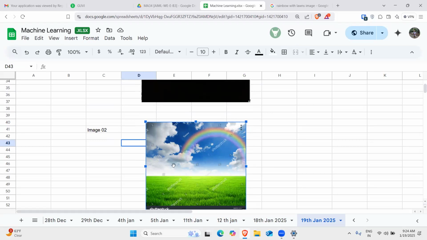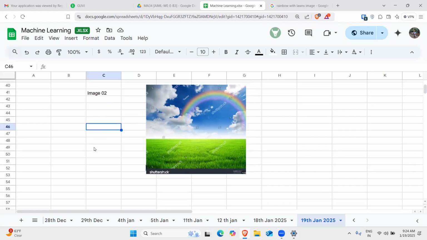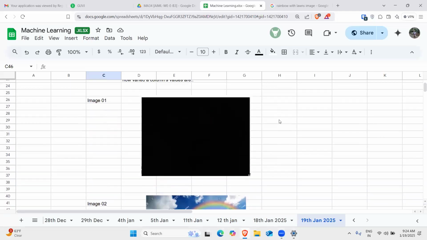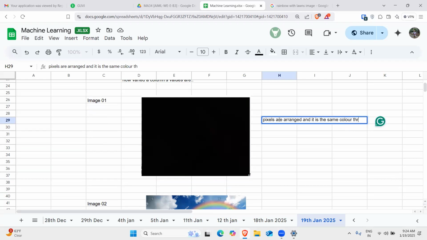As you saw in the example, the first image did not have much information in it. Speaking of it in other ways, the pixels are arranged and it is the same color throughout.